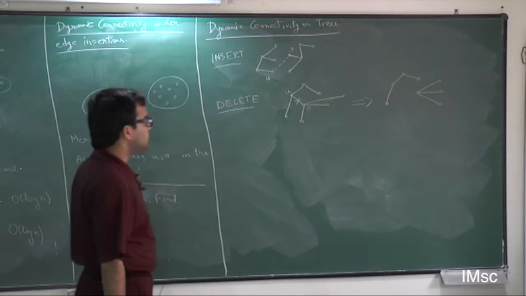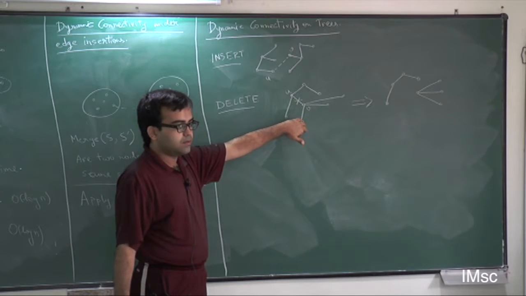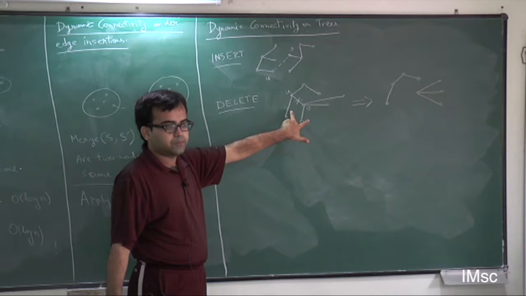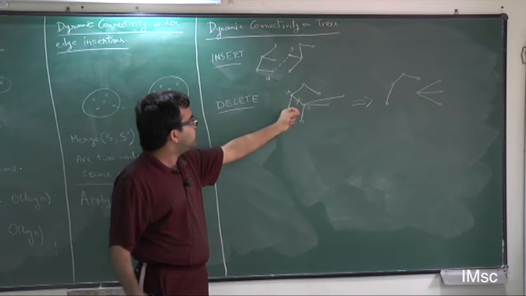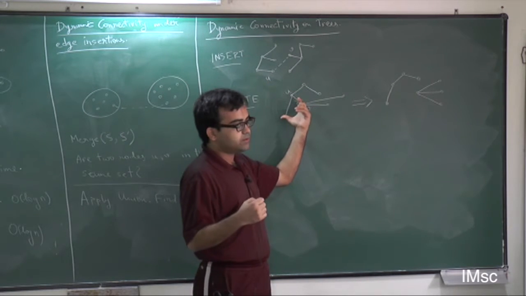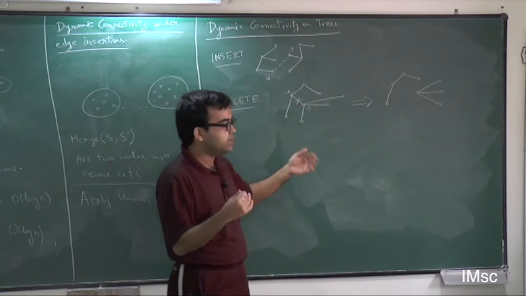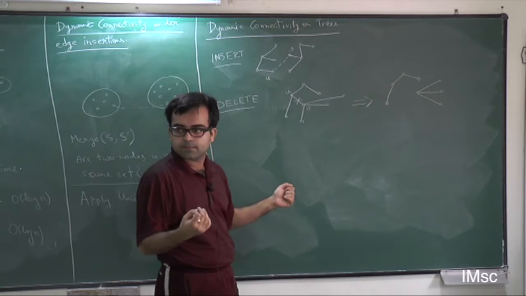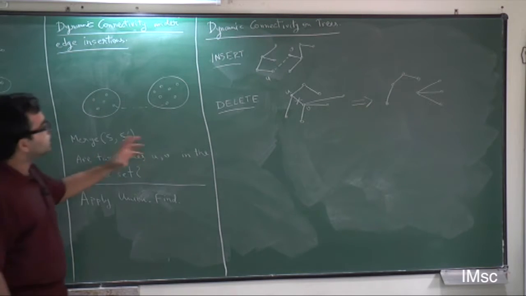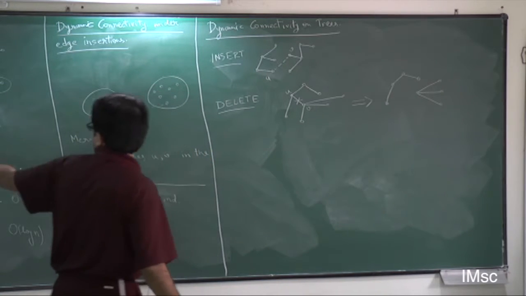The point is, if you were maintaining this as a list, u and v need not be consecutive elements in the list, right? And there might be many other elements in between u and v, some of which belong to one side of this edge, some of which belong to the other side, and it is not at all clear how you will then split this list. Clear?